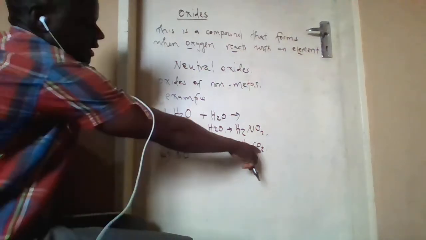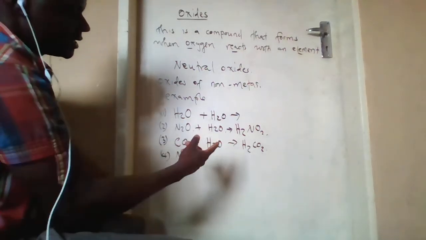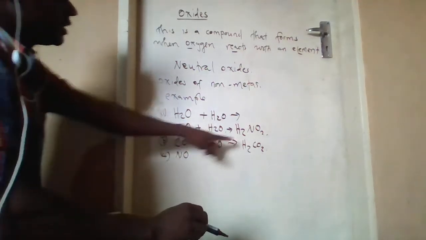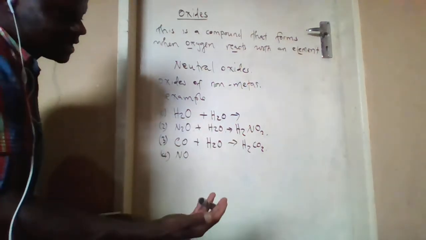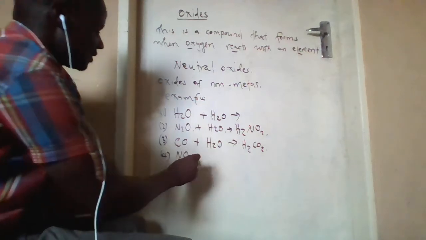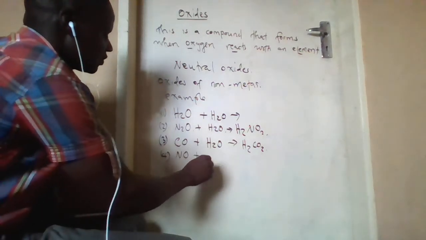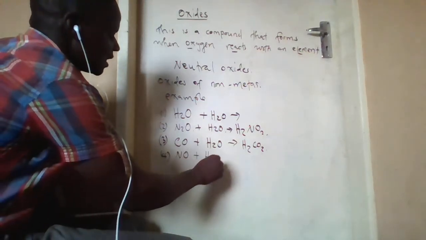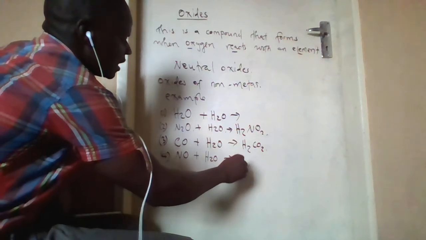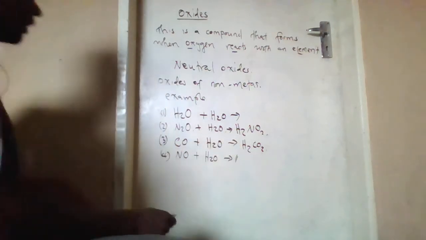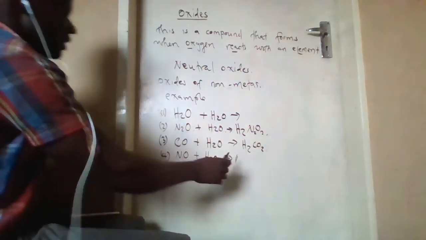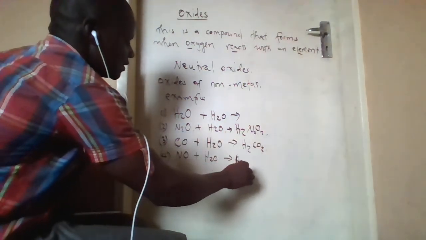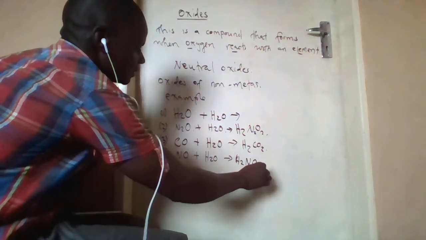Unless it was 3, that's when we could have said that is carbonic acid. And if here was 1 and 3 oxygen, we could have said that is nitric acid, but that does not happen. And nitrogen monoxide, even if it reacts with water, there is no acid which is formed.